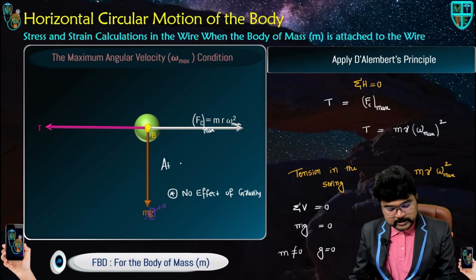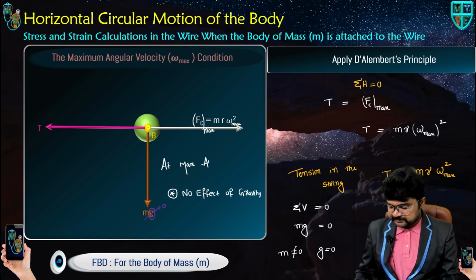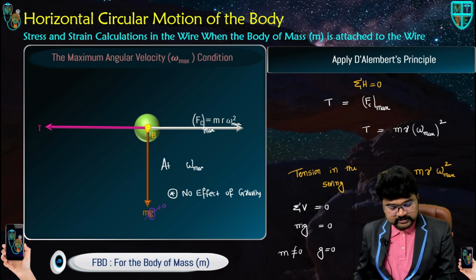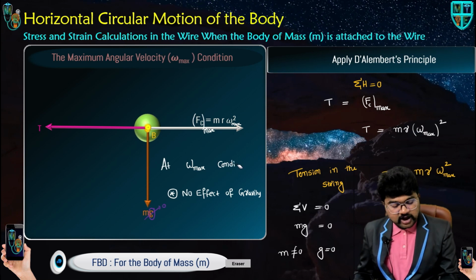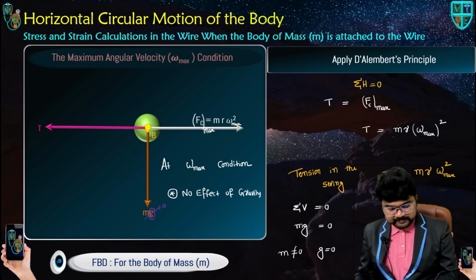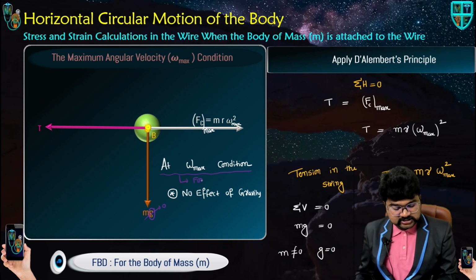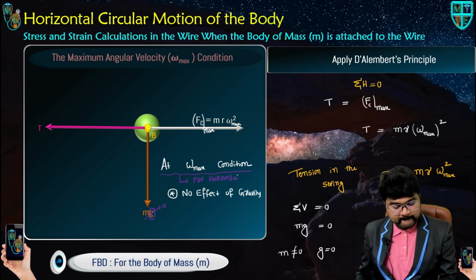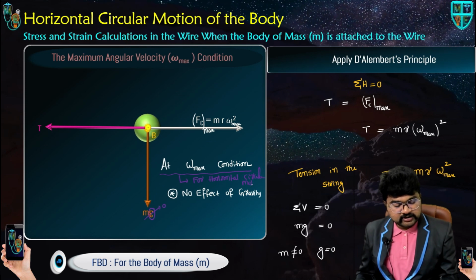At maximum angular velocity condition, I can write at omega maximum, that is horizontal circular motion. Understood? So for horizontal circular motion, no effect of gravity.